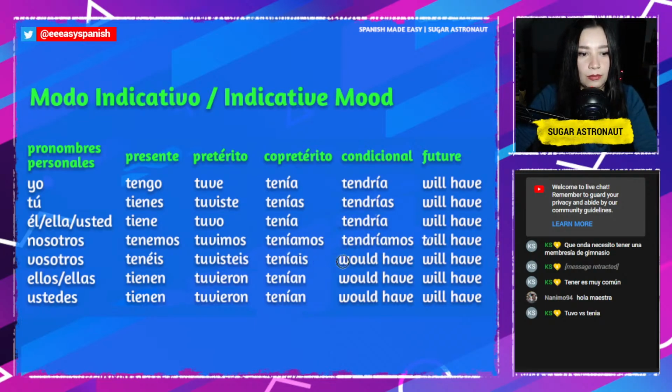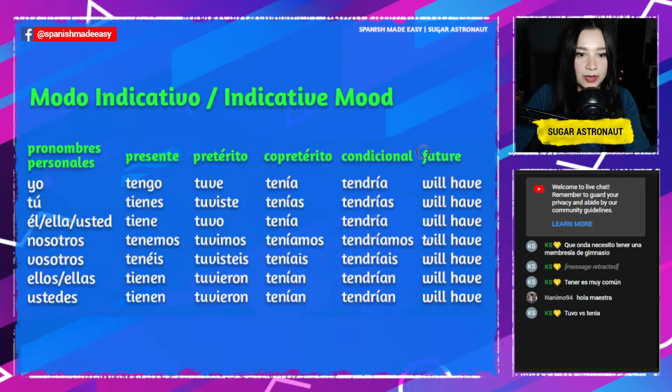Tendríamos. We would have. Vosotros tendríais. You would have. Ellos or ellas tendrían. They would have. And ustedes tendrían. You would have. Okay? So that's the conditional tense, el tiempo condicional.